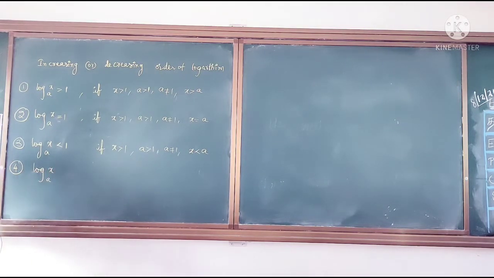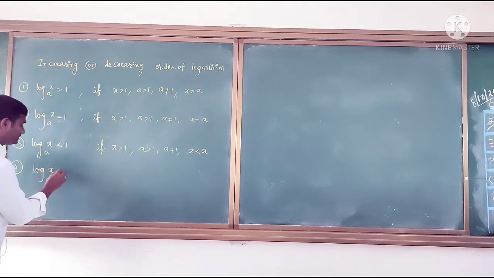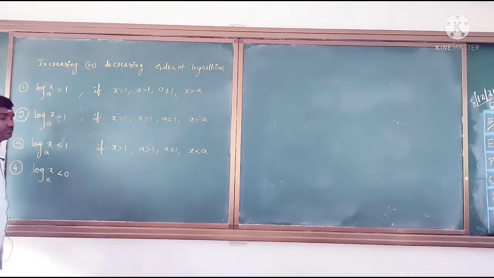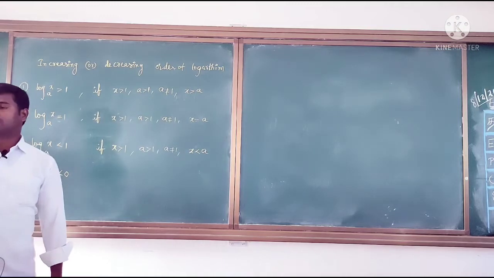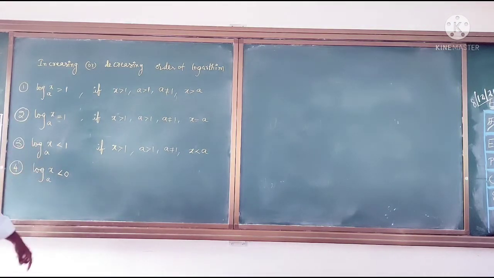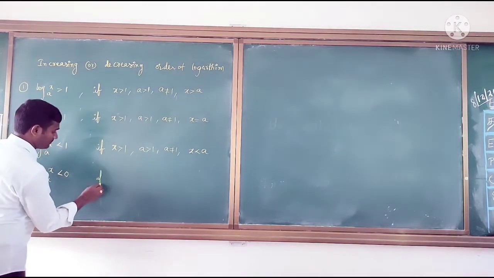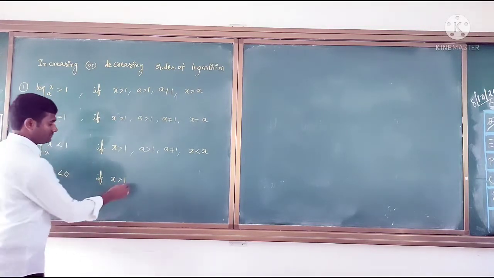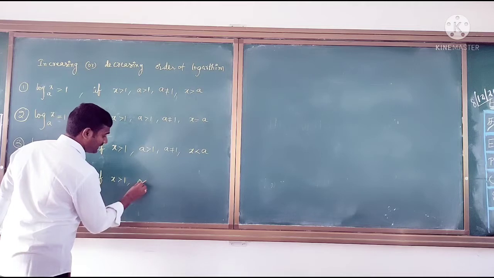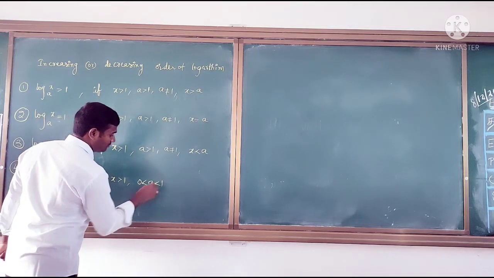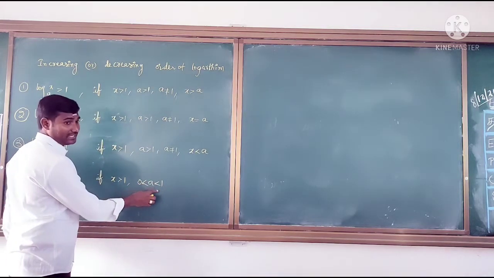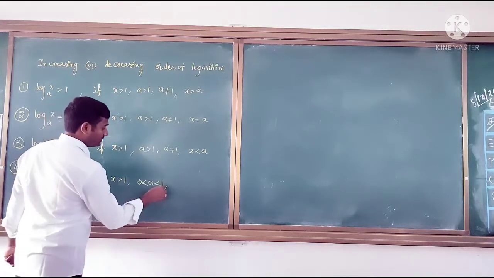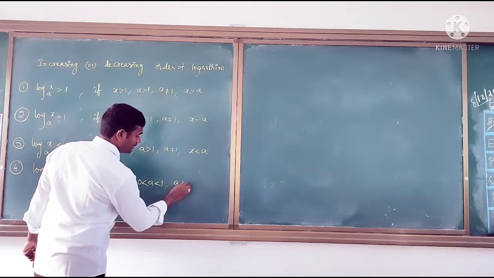Log x to the base a is less than 0 if x is greater than 1 and a lies between 0 and 1, that is 0 less than a less than 1, a not equal to 1.